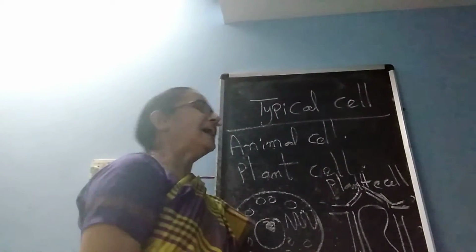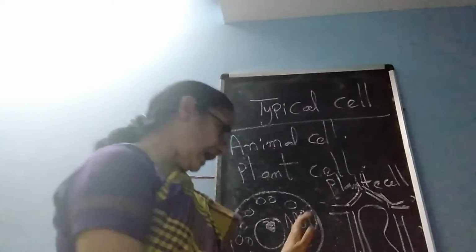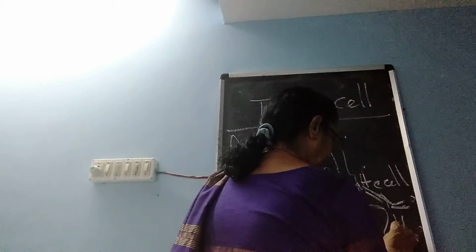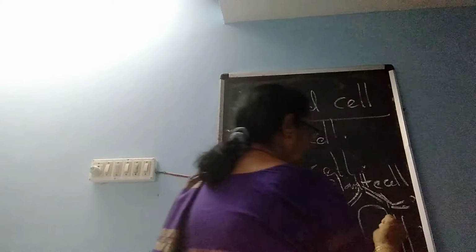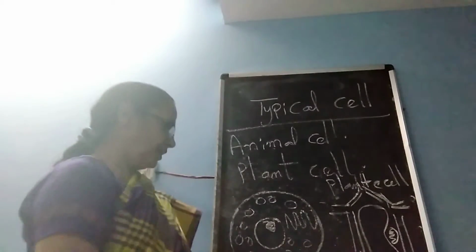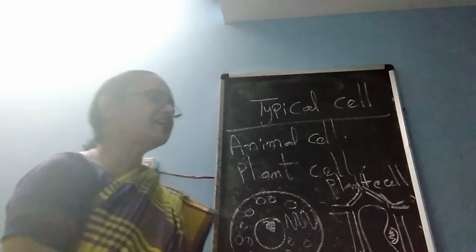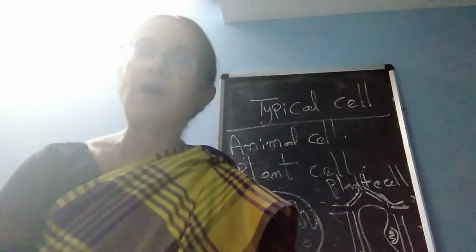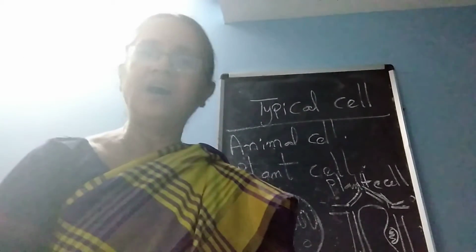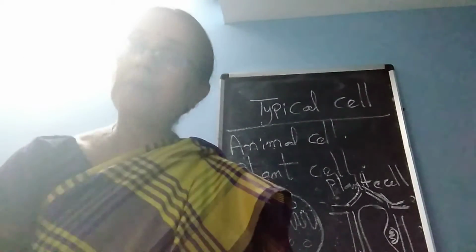And mitochondria. Mitochondria are found both in plant cells and animal cells. They are mostly found in larger numbers in the growing parts.